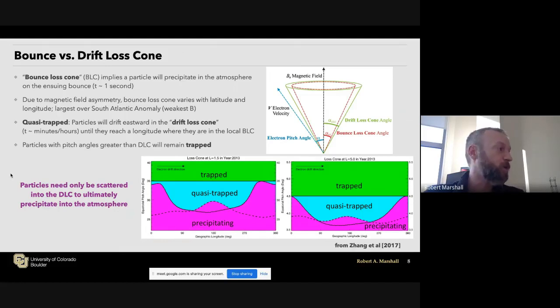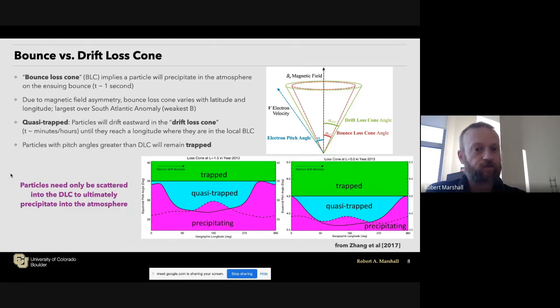Particles that are not quite in the loss cone at other longitudes will drift around the Earth in the same drift motion I talked about before, and they can reach a longitude where they are in the local bounce loss cone for that longitude. And ultimately, they will all reach the South Atlantic anomaly, and that's where the most particles are going to ultimately precipitate.